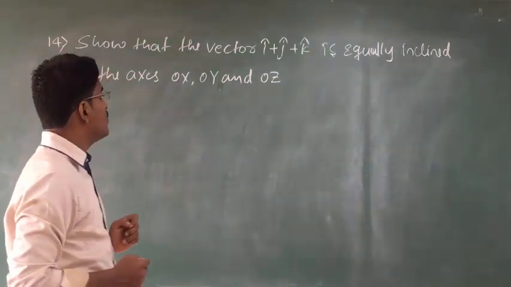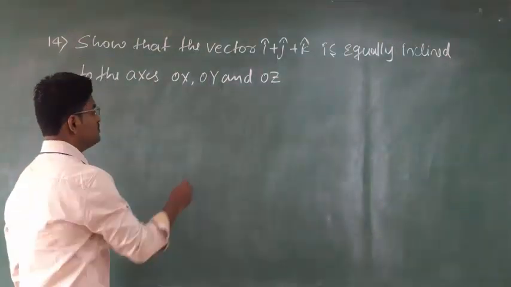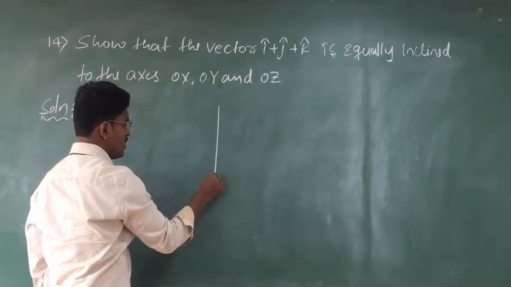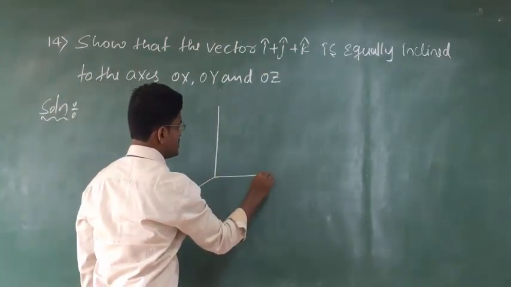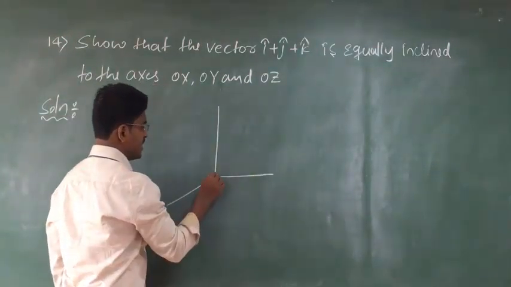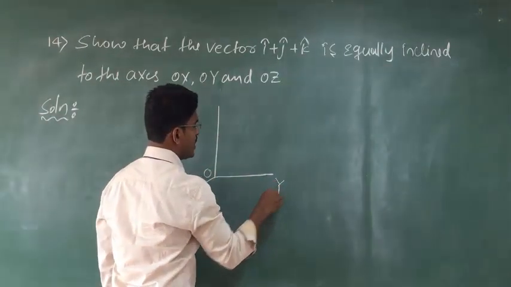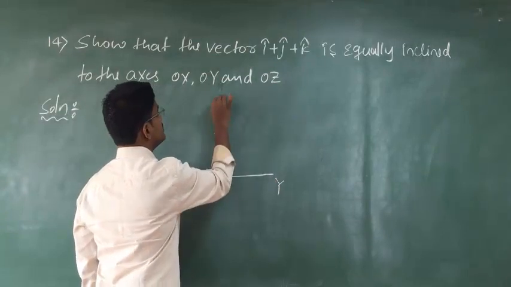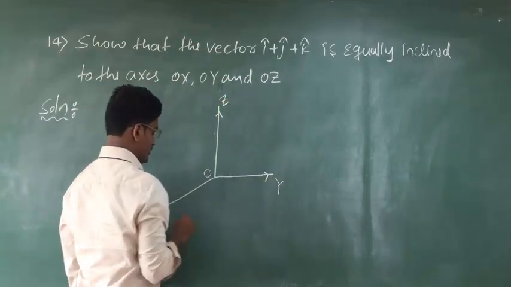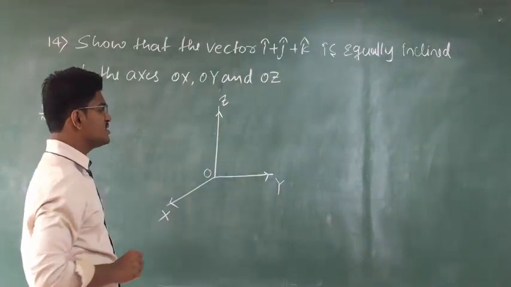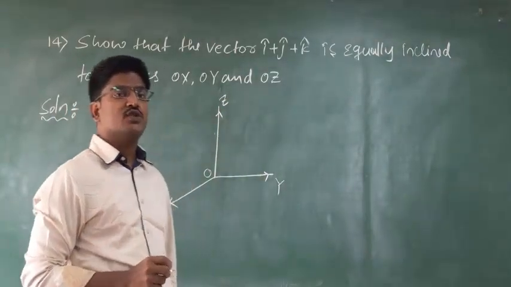Clear? So for that, first I will draw a 3D space. So let us take, this is origin O, X, Y, and this is Z. Clear? So this is three-dimensional space OX, OY, and OZ.